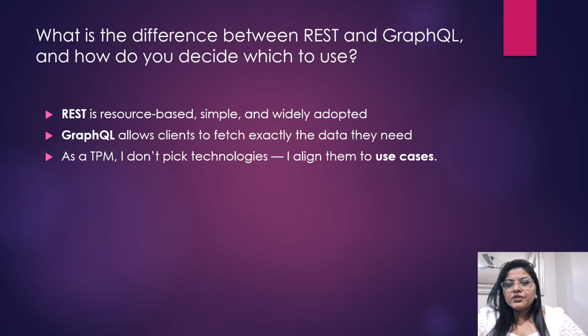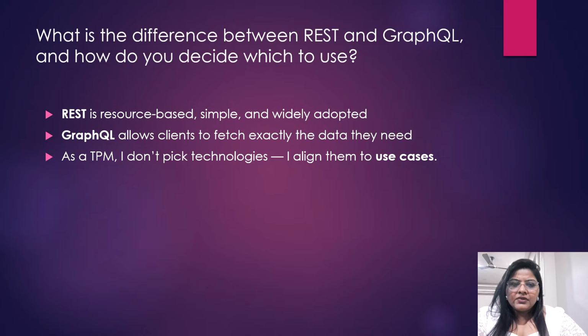So the next question is, what is the difference between REST and GraphQL, and how do you decide which one to use? Now, they want decision-making ability, not your deep coding knowledge here, right? REST and GraphQL are both API paradigms, but they optimize different needs. REST is resource-based, which is simple and widely adopted. GraphQL allows clients to fetch the data that they actually need, right?